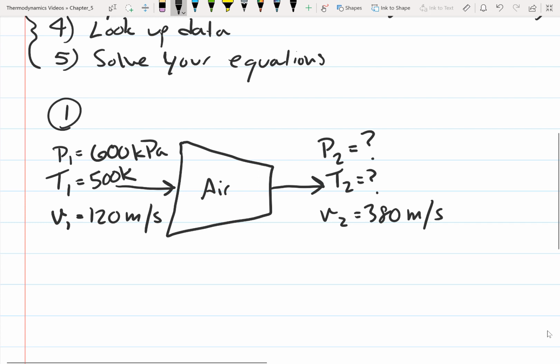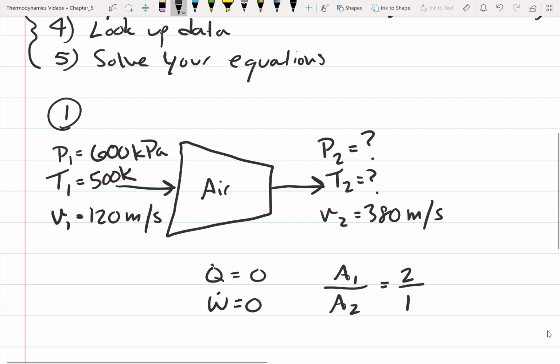It tells us that it's adiabatic, which basically means it's well insulated. So Q dot is equal to 0. Work is also equal to 0 because it's a nozzle. It also tells us that the area in to the area out is 2 to 1.